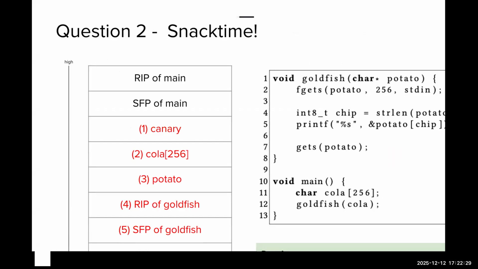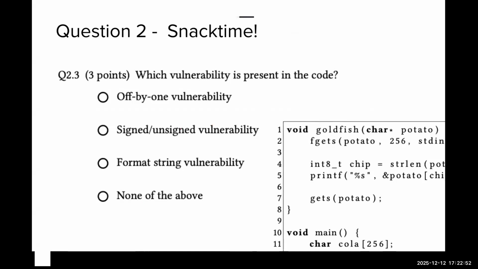So yes, we have a gets that can write past cola, but because we don't have the value of the canary, it's kind of useless. Remember from project one and the canary questions, one way to get past the canary is to expose the value of the canary, and then when we're writing past it, we just write the original value back in. So that's the goal here.